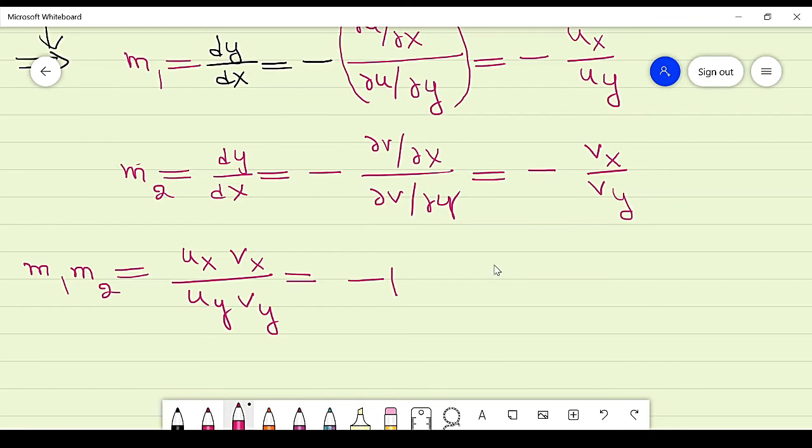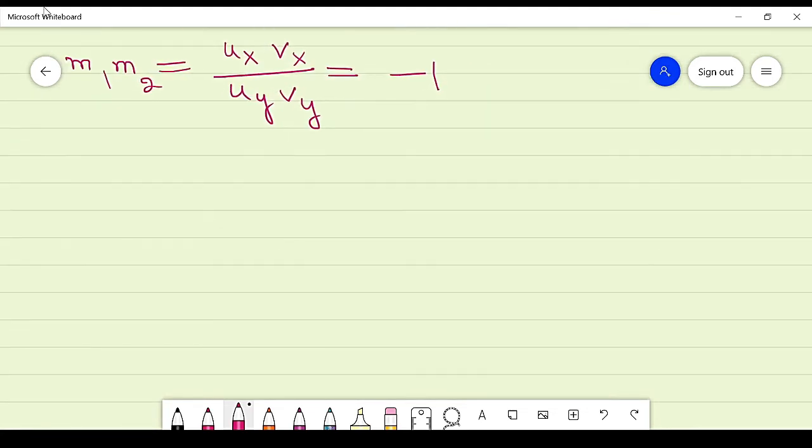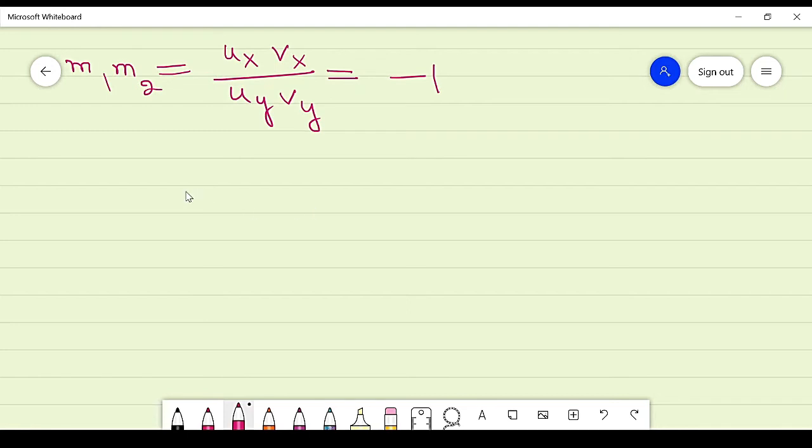If the product of the slopes is -1, it means the curves are orthogonal. So the families are orthogonal.